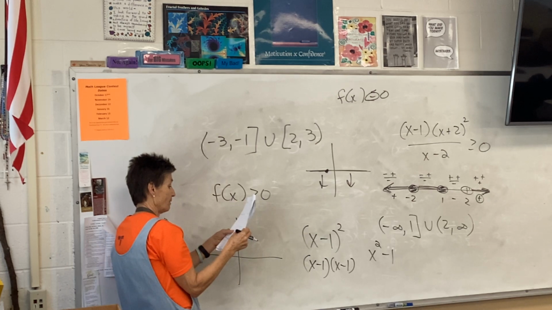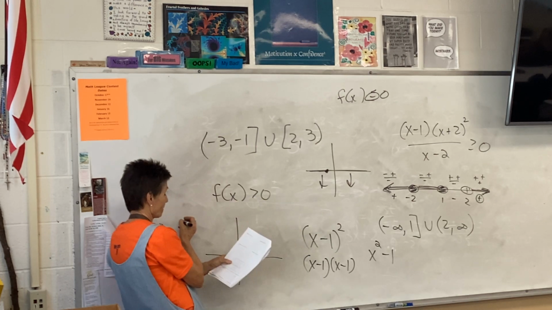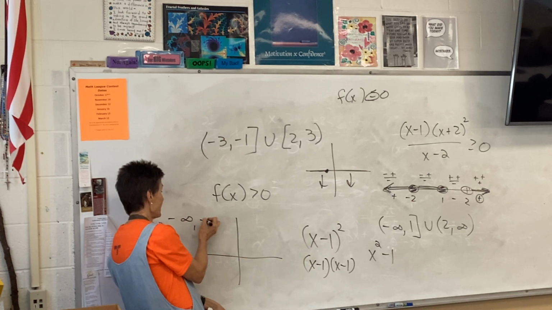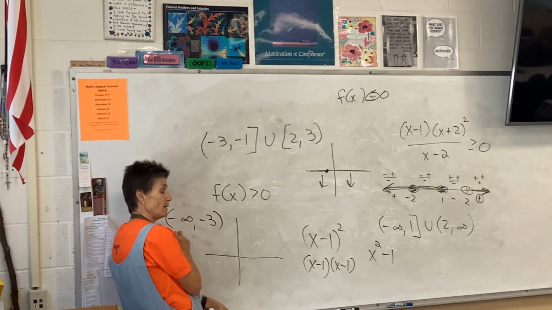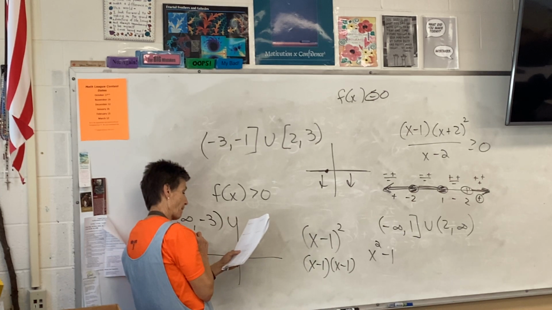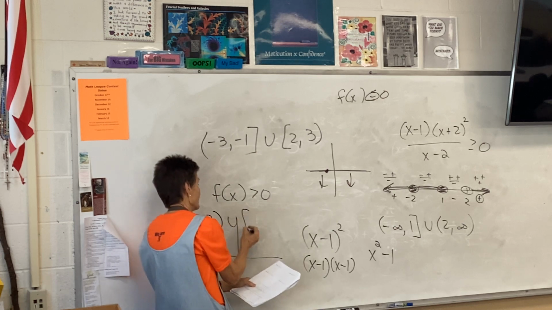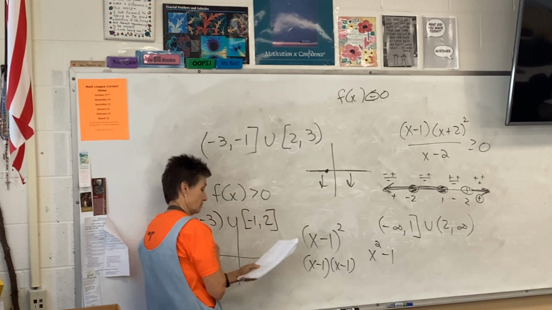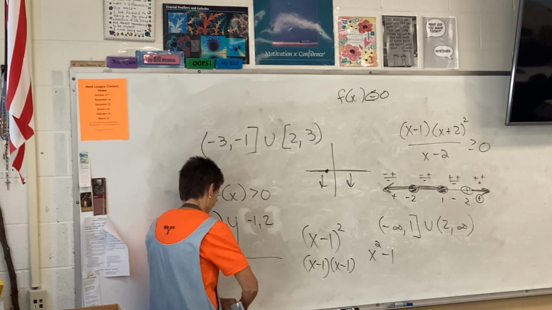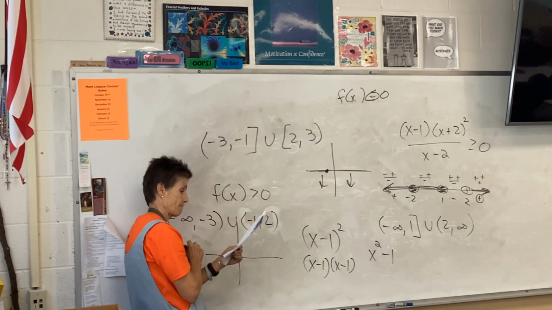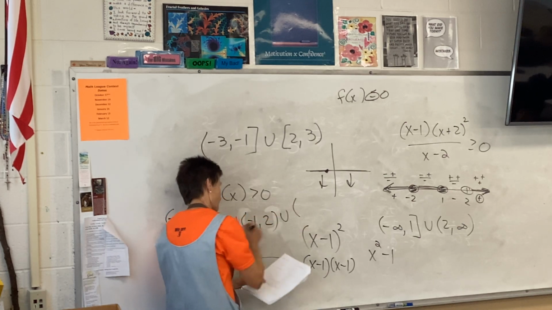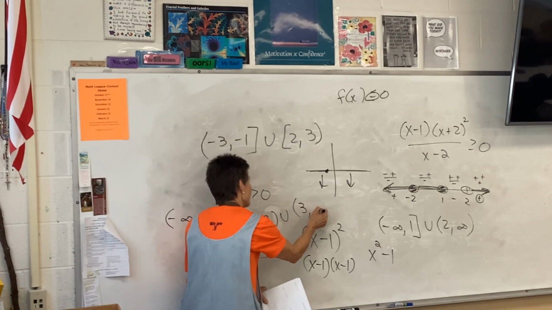So where am I above? -infinity to -3, and those of course are both open. Or, where else am I above? -1 to 2. Parentheses. And where else? One more place. 3 to infinity.